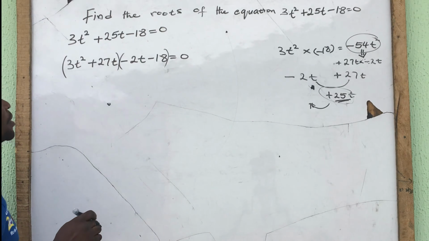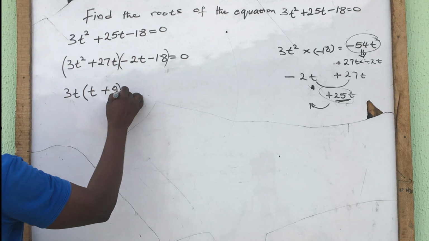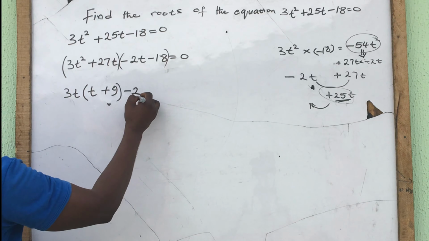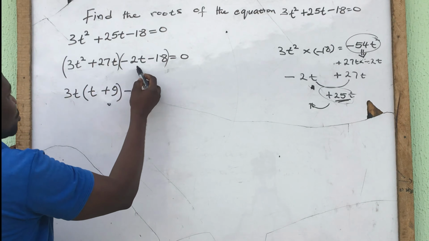So we have 3t, remain t here plus 9, 3 times 9 is 27. Then this is minus 2, we also have minus 2. What remains here, t plus 9 equal to 0, because minus 2 times 9 is 18.